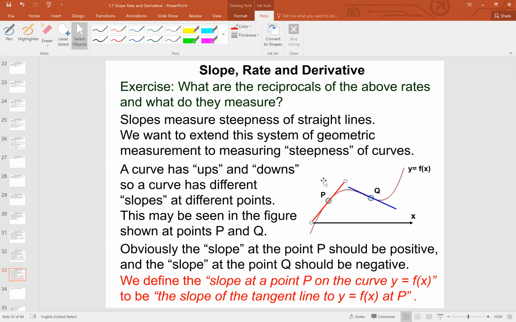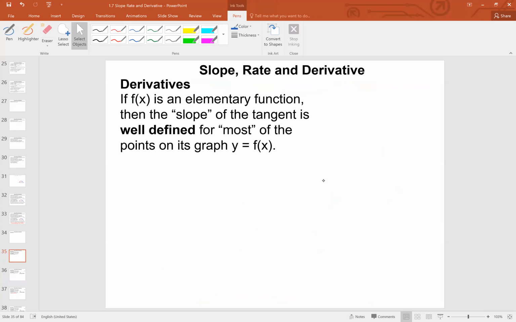we take that intuitive definition of what a tangent line is at the point P. And of course, we want to assign the slope of that tangent line as the slope at P. And we're going to change our language a little bit.